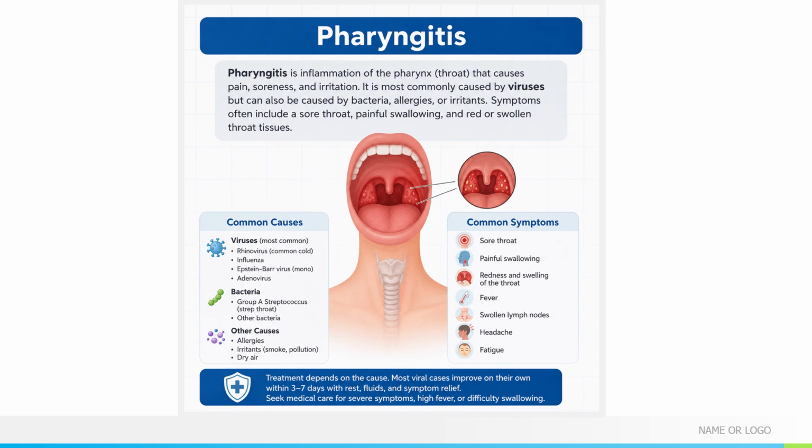Clinical manifestations. Patients most commonly present with a sore throat, painful swallowing, and a red, swollen pharynx. Sometimes additional findings may include fever, headache, fatigue, tenderness, or enlarged anterior cervical lymph nodes. Assessment findings can also help us distinguish viral from bacterial infection. Viral pharyngitis often occurs with a cough, runny nose, hoarseness, sometimes conjunctivitis.